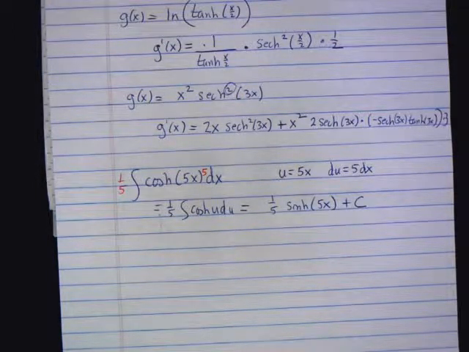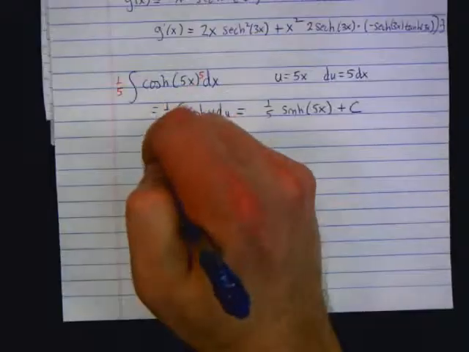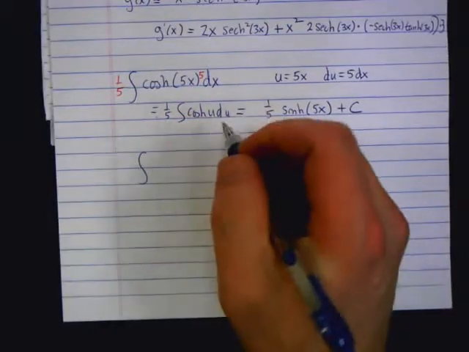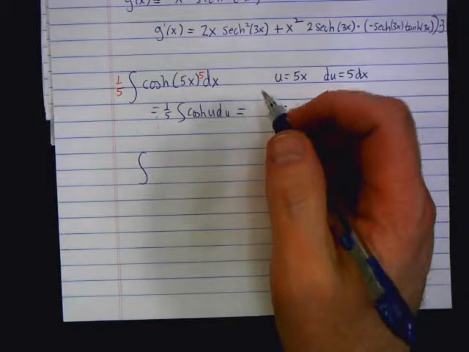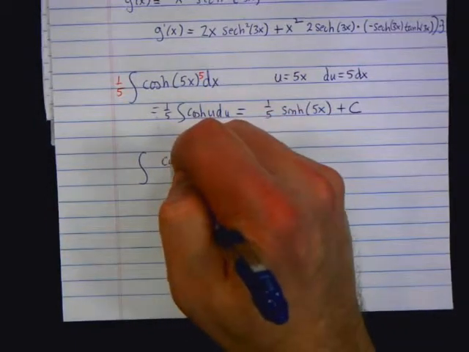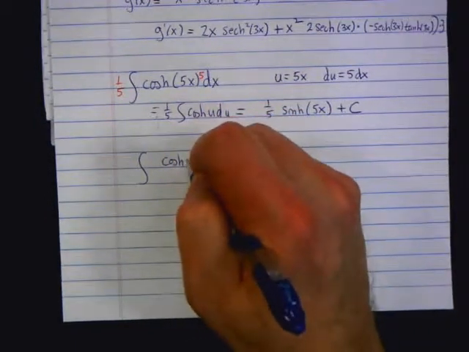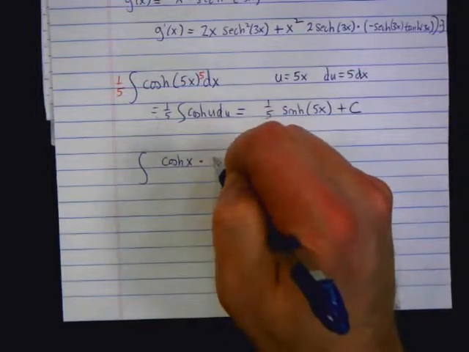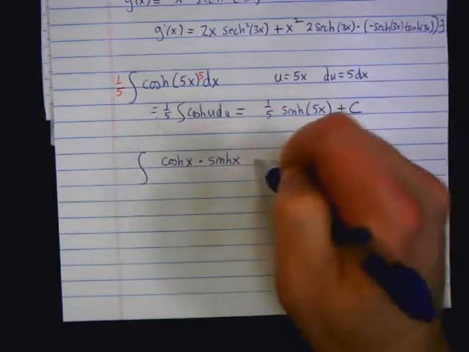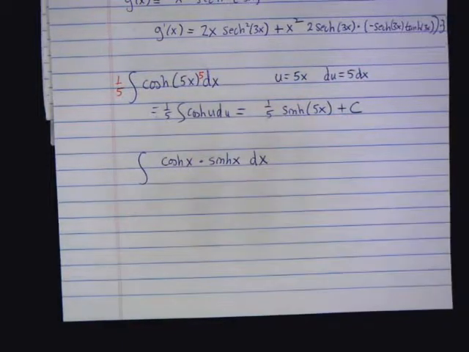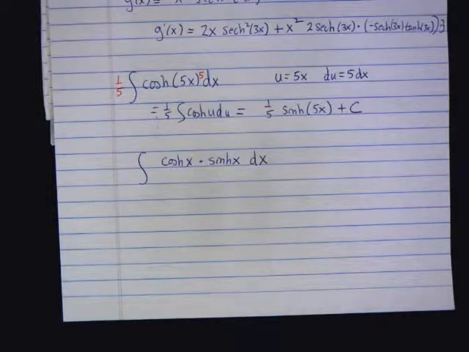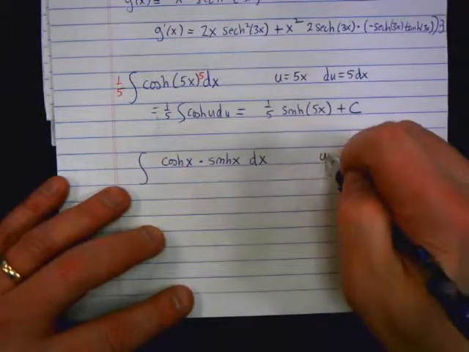How about the integral of hyperbolic cosine x times hyperbolic sine x dx? U equals hyperbolic cosine?